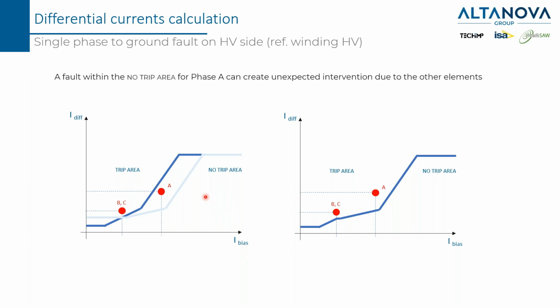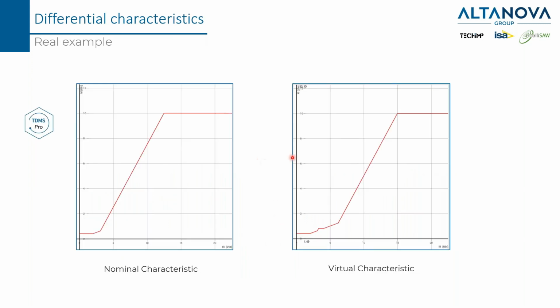I will draw, let me say, a virtual characteristic that will always keep all the points of the trip area above this line, and vice versa, all the values that are not producing trips will remain below this line. Okay. And this is what the software is actually doing.